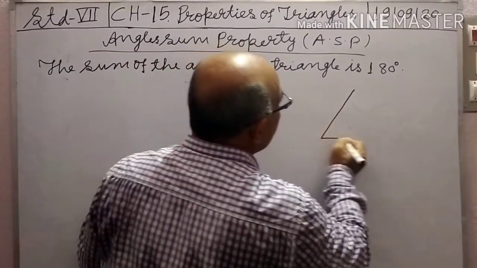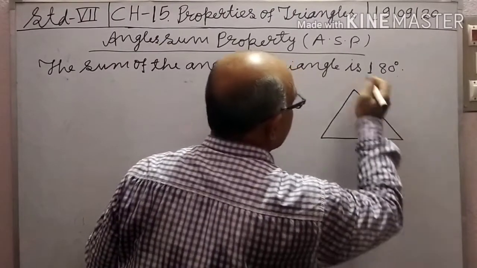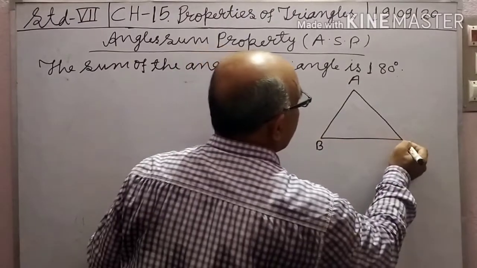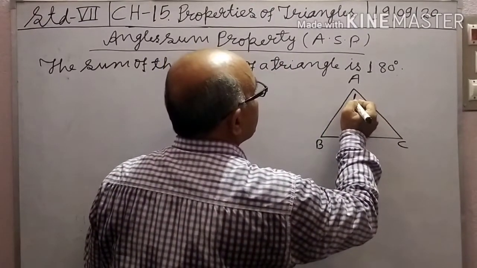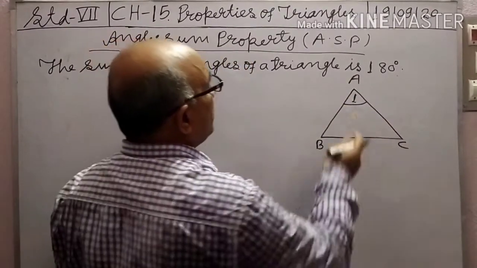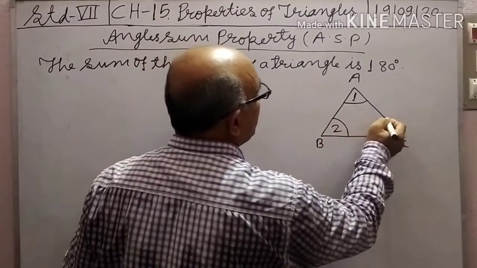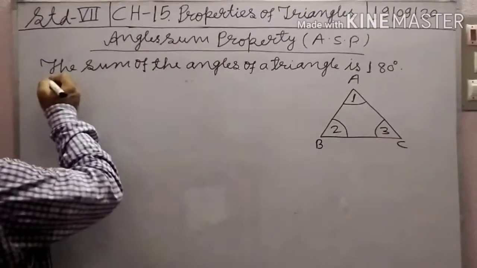Draw a triangle ABC. Name the angles of the triangle: angle 1, angle 2, and angle 3. Right?